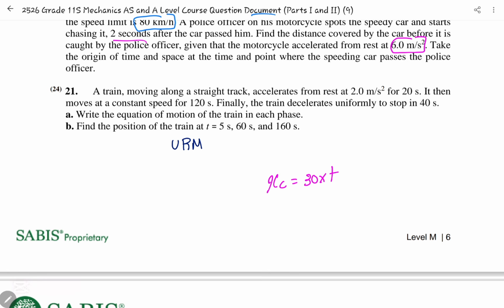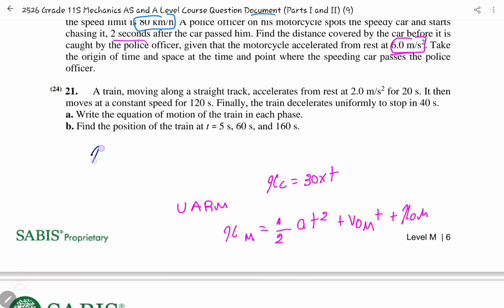Now, what do they need after this? Now they need the motorcycle of the police. Since the police is accelerating, we have UARM. So the equation we're going to be using is x of the motorcycle. It's 1 over 2 a t squared plus v0m, which is the initial speed of the motorcycle, times the time plus x initial m. Alright, so xm would be equal to what?